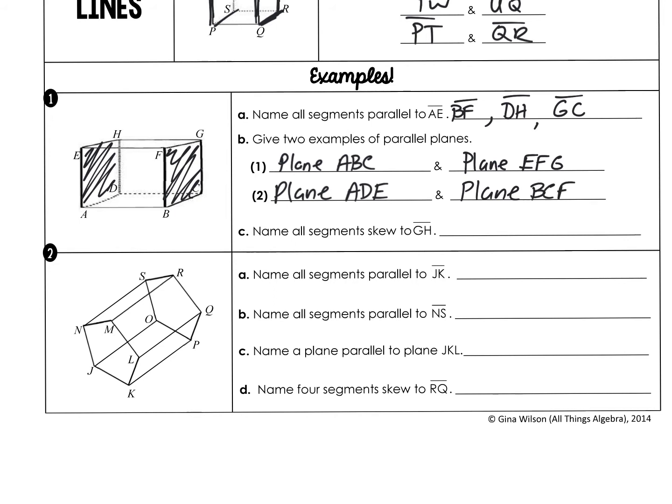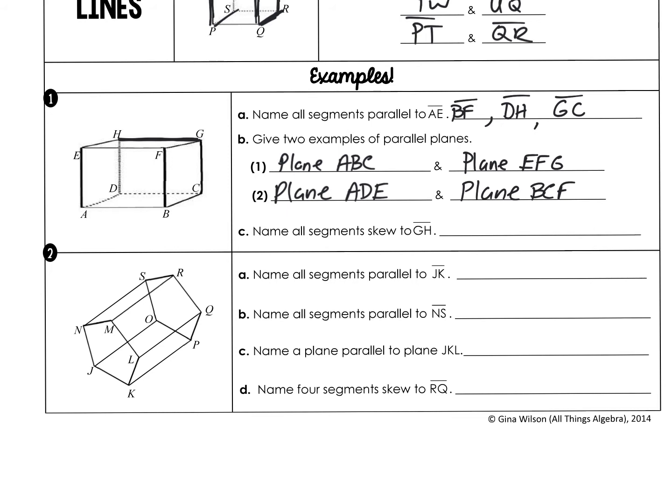Okay. Name all segments skew to GH. All right, so GH is here. So remember, skew lines are like going the opposite direction.